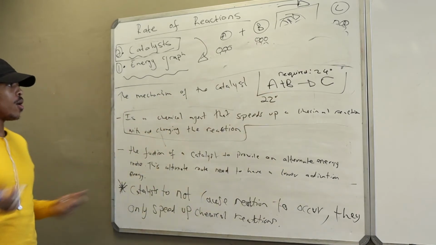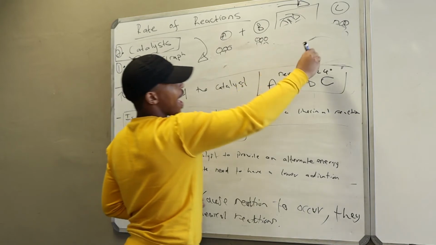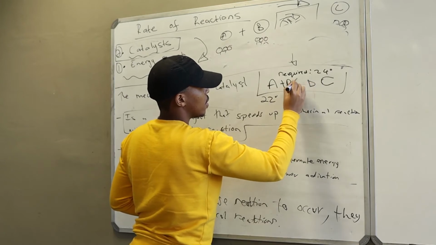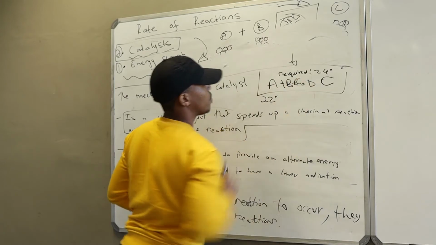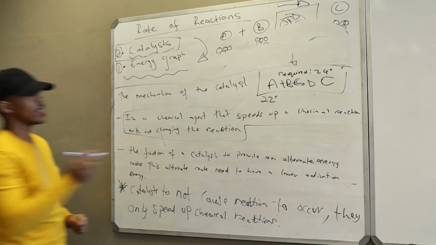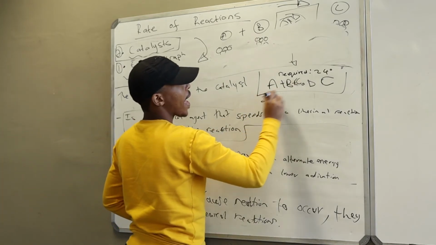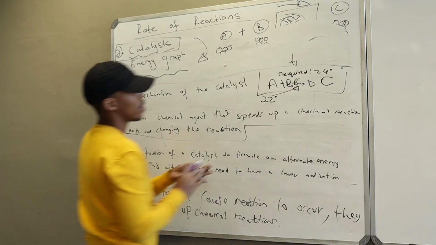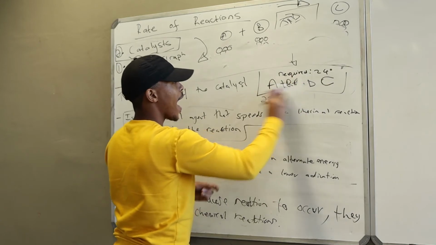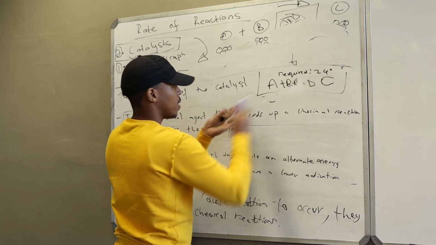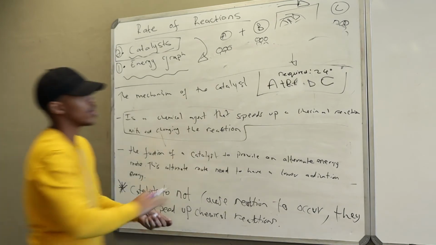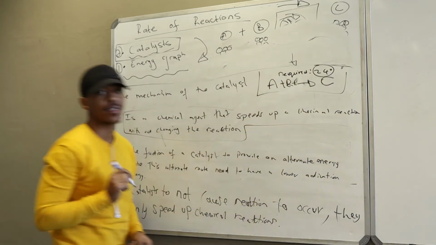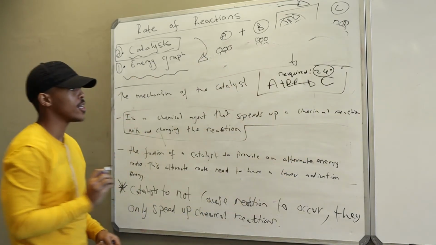And then you think, oh, I'll just add a catalyst, like that, CO. Let's say CO is the catalyst. You can't just say, I'll just add a catalyst and then the chemical reaction will start. That's not how it works. This reaction first has to be at this temperature. It has to start at 24 degrees Celsius, at that activation energy.